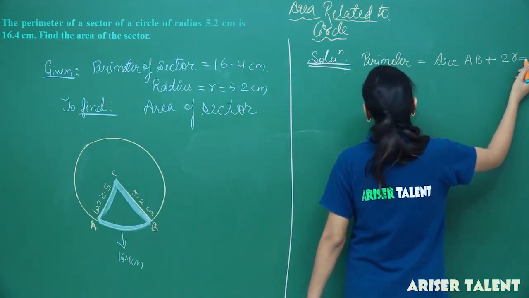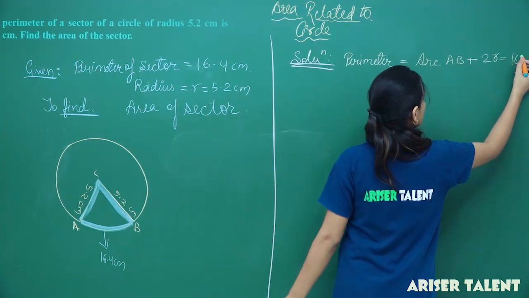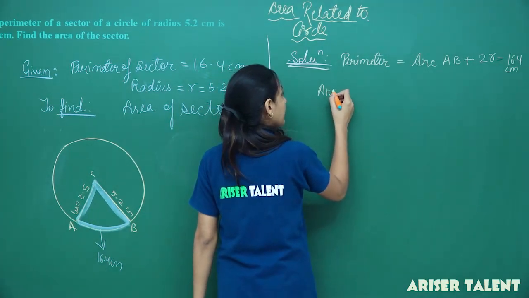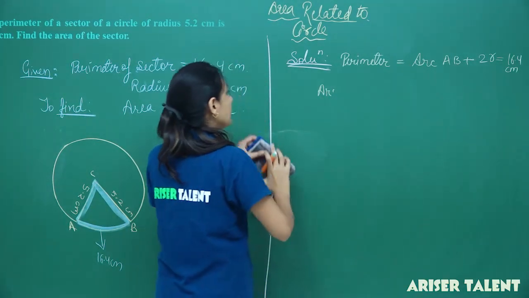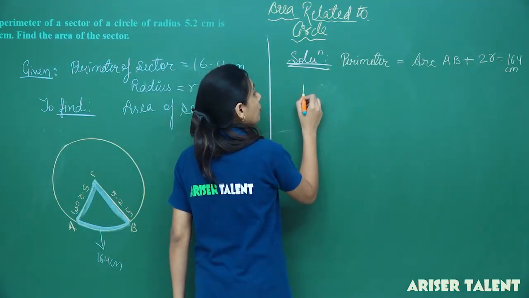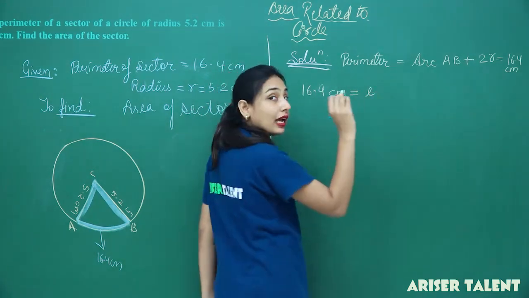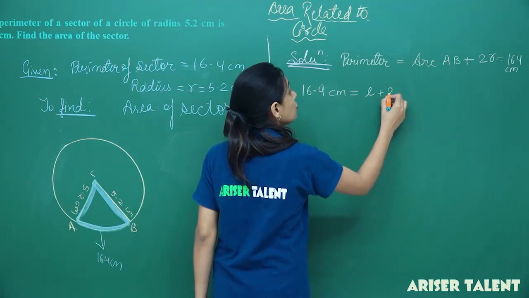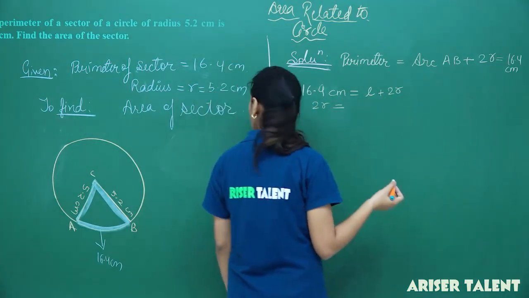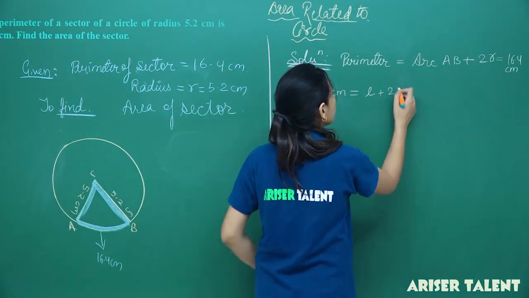And the perimeter is given as 16.4 centimeter. Arc AB is denoted by small l. So 16.4 centimeter will be equal to l plus 2R. R is given as 5.2, so I can write 5.2 here.